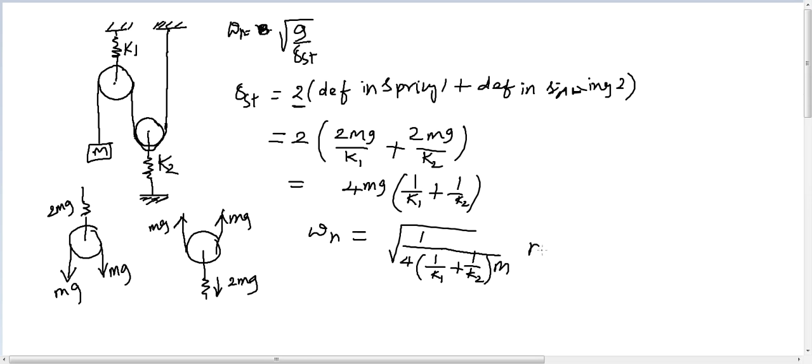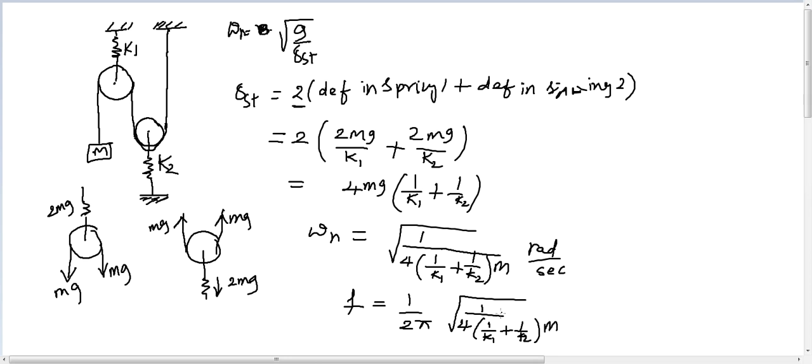This will be in radians per second. If we want to find out the frequency in hertz, this can be written as 1 by 2 pi into square root of 1 by 4 into 1 by k1 plus 1 by k2 into m. This is hertz or cycles per second.